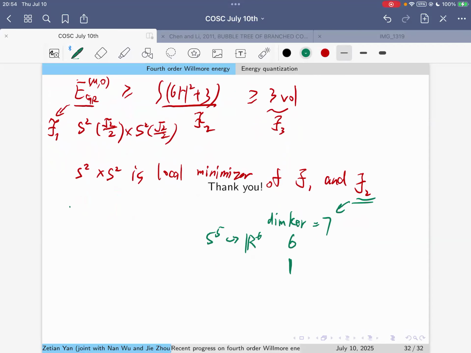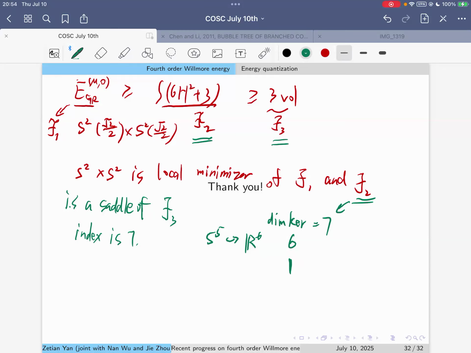However, this is a saddle of the volume function, and the index is 7. So it sounds like right now we need to use functional F2 and functional F3 together to characterize S2 times S2.